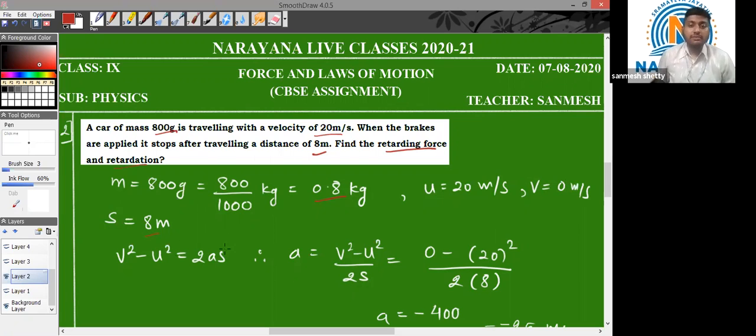Now here children, we will use our third kinematical equation, which is V square minus U square equal to 2AS, and we will find the value of acceleration. So A is equal to V square minus U square divided by 2S.